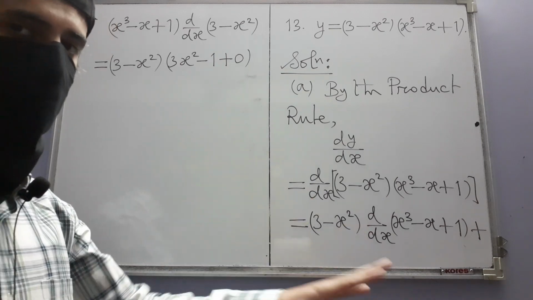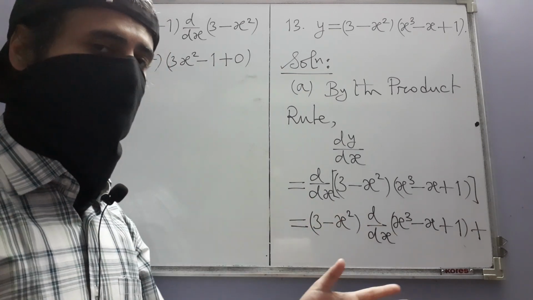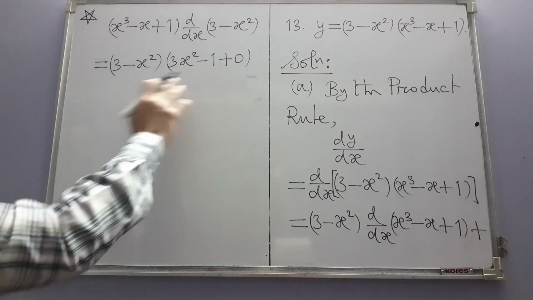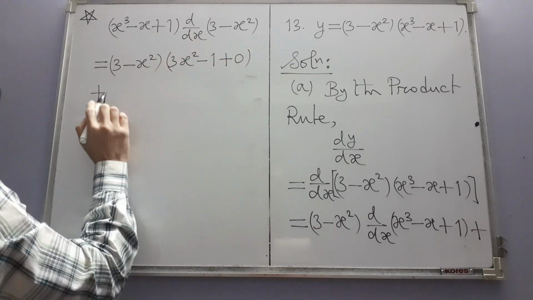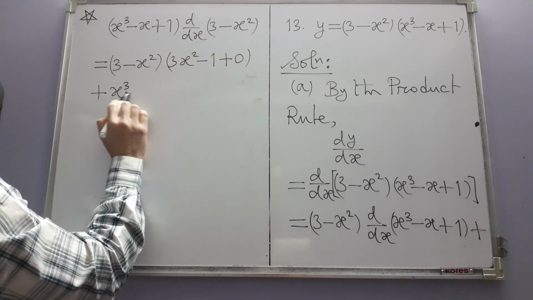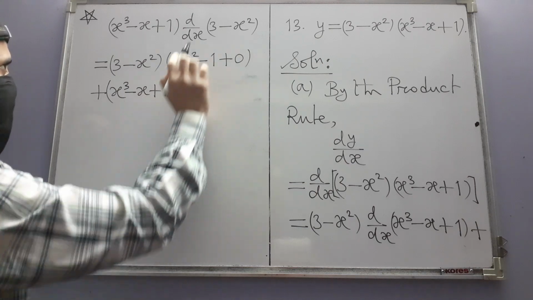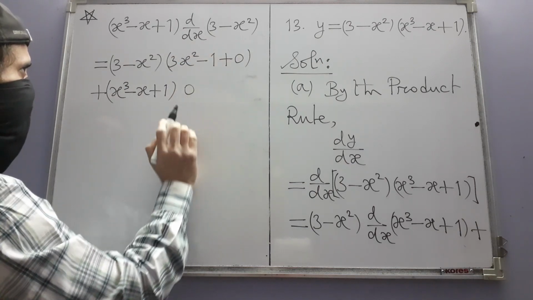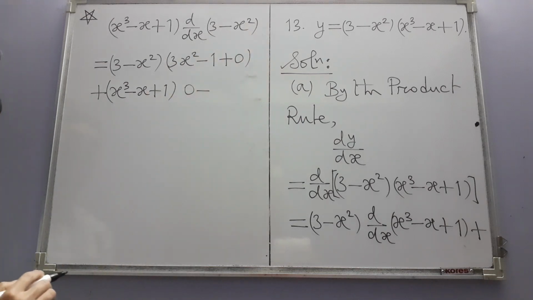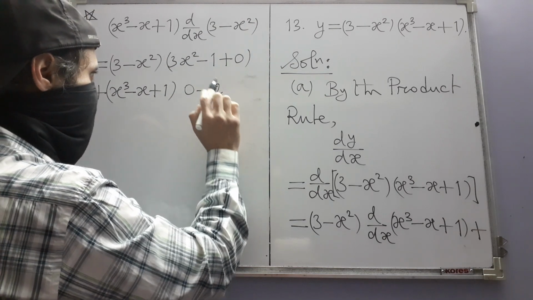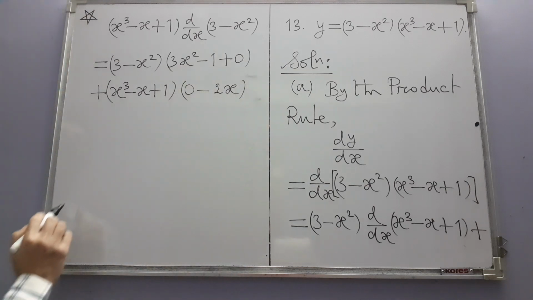So sometimes you have to write some things, but not necessarily writing everything in detail all the time. Okay, so this much is okay. Plus, then this thing, x cube minus x plus 1 times the derivative of 3 is 0 minus the derivative of x square by the power rule is 2 times x to the power 1, so that is minus 2x.